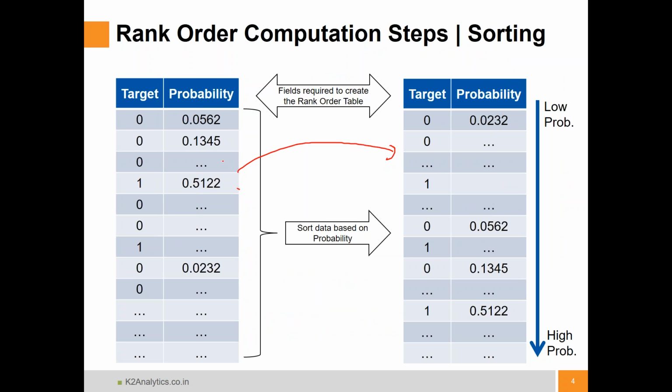I take probability and target forward. I can do an ascending or descending sort of the entire data based on the probability column, because my objective is to have low probability for non-responders and high probability for responders, and that's what I'm trying to test. So I sort the entire data.